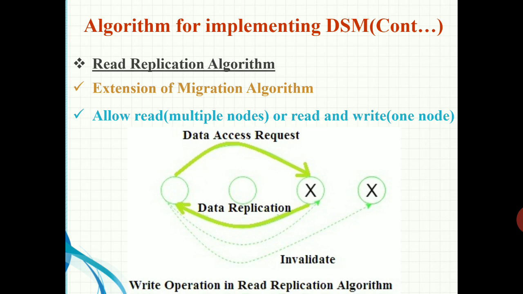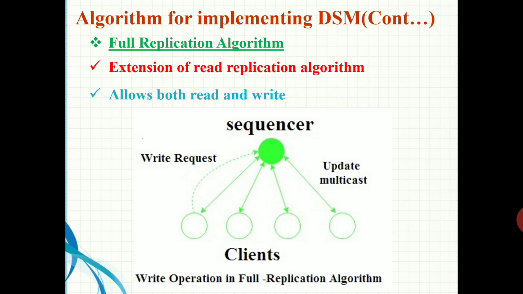Then the next algorithm is the full replication algorithm. It is an extension of the read replication algorithm. In the read replication algorithm, we only allow multiple reads or only one read and write operation.